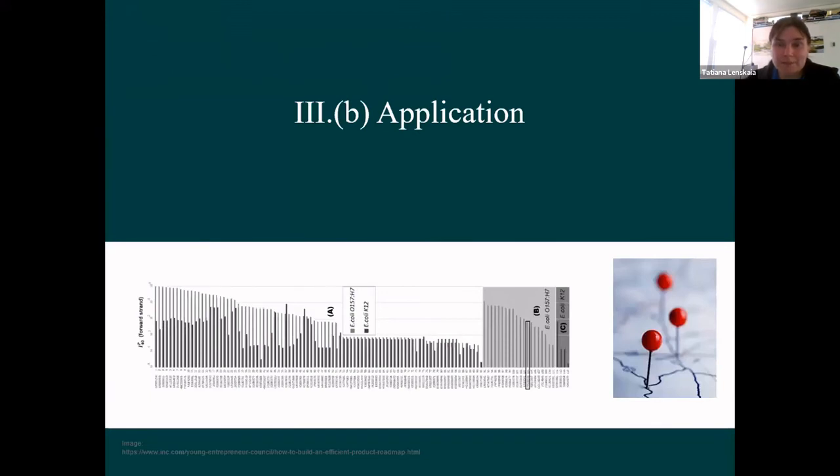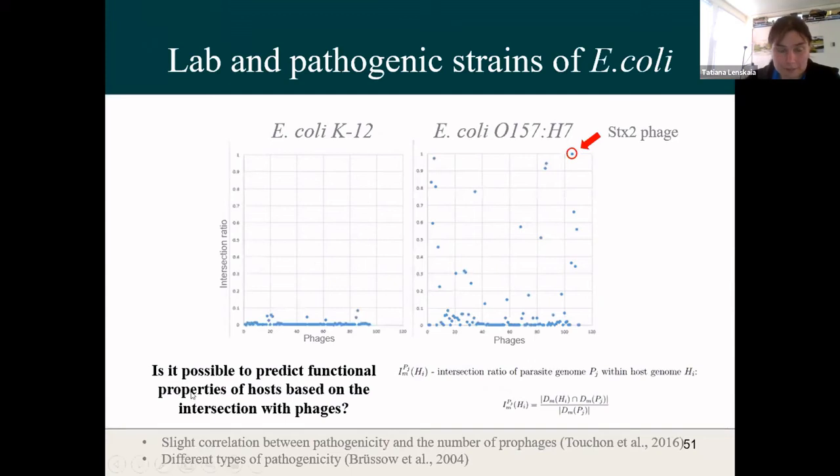When we analyze the interaction between viruses and bacteria, we observe that the interaction can be very different between bacteria. Here on the left, you see a lab strain of E. coli, which is benign.